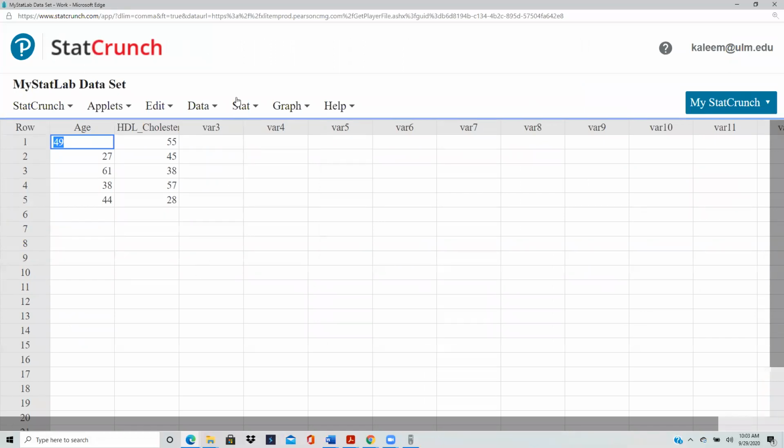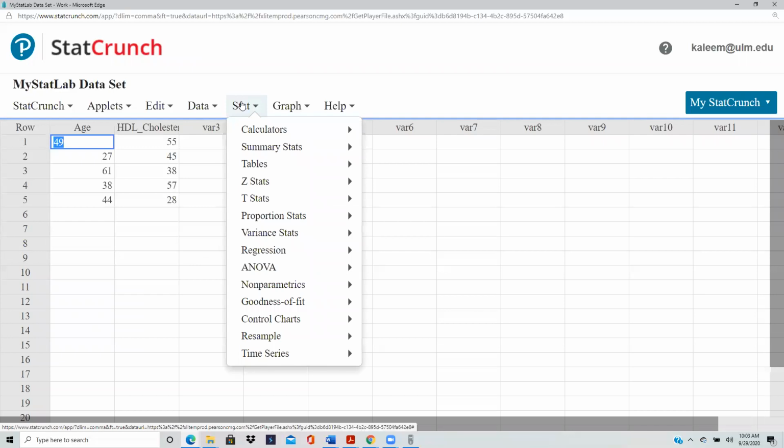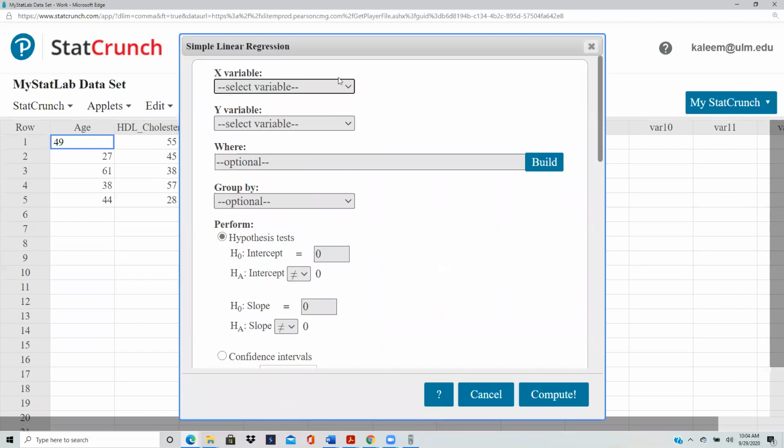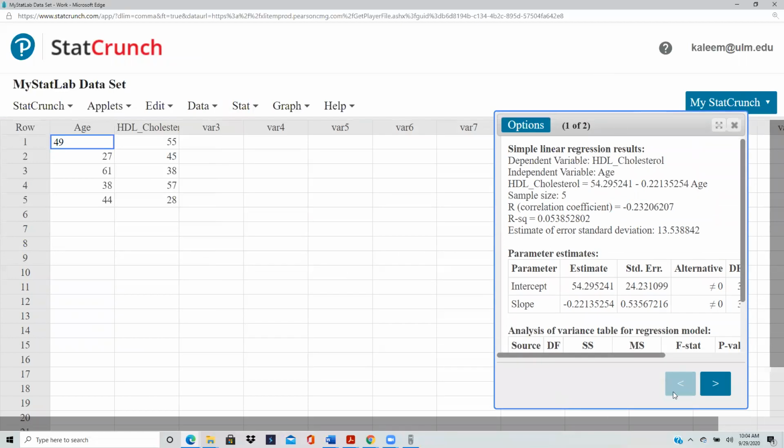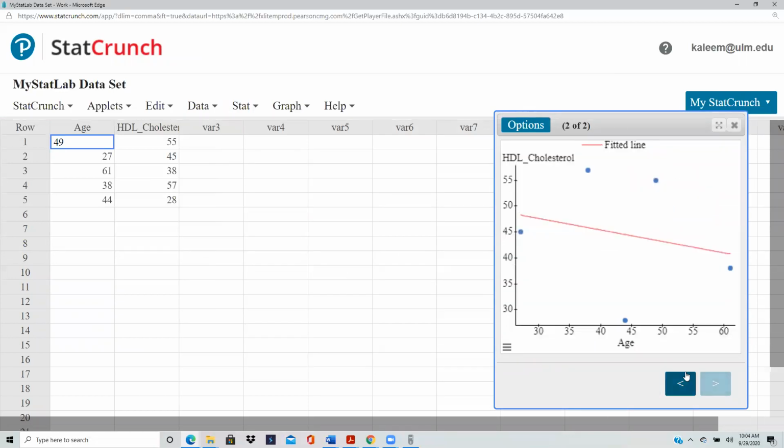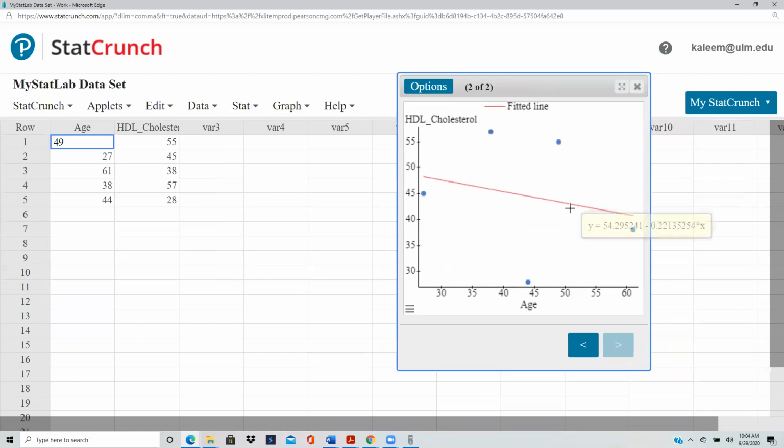Go to Stat, then Regression, and Simple Linear. And then you'll do age, cholesterol, and then compute. Then you go to the second screen. So what do you see there? A point, then it rises, and then it falls, and then it rises.